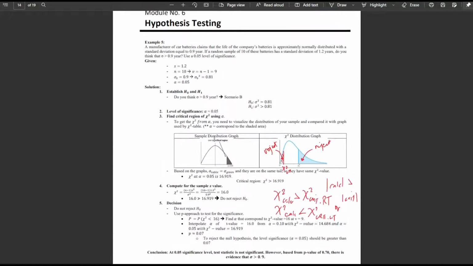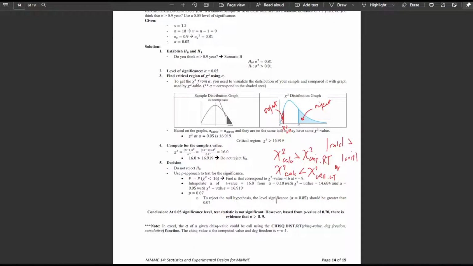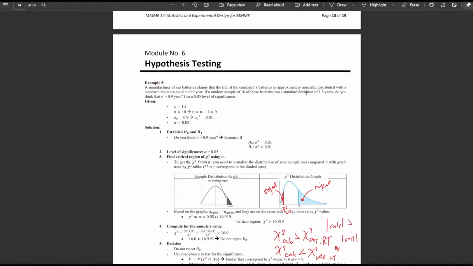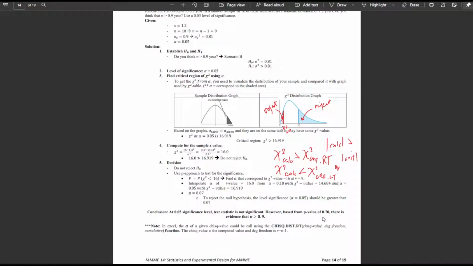So therefore, ang conclusion natin is that at 0.05 level of significance, we can say na yung 0.9 is not significantly different. Yung 1.2, I should say, is not significantly different from 0.9. Okay?